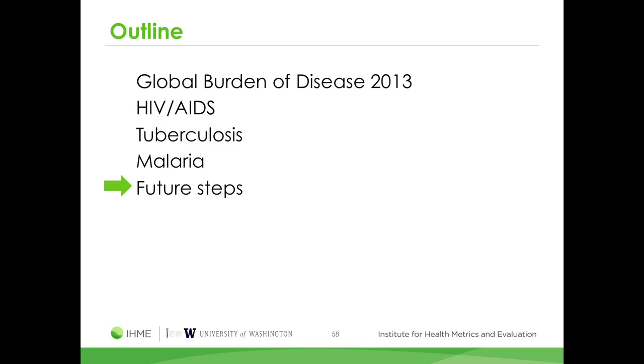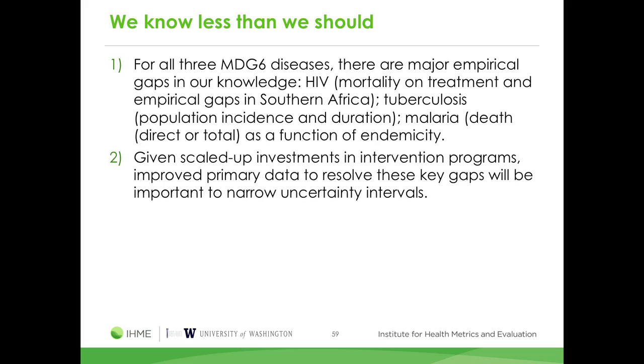Okay, so let me round out this presentation with just 3 slides. First, general reflection. Bizarrely, given how much the world has invested in the scale-up of funds and interventions for these 3 high-profile, high-impact diseases, there are really large gaps in our knowledge.